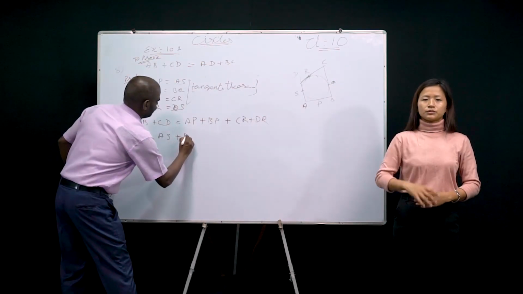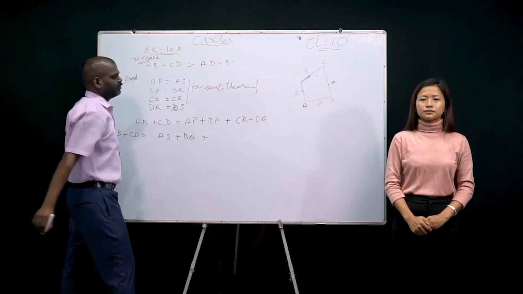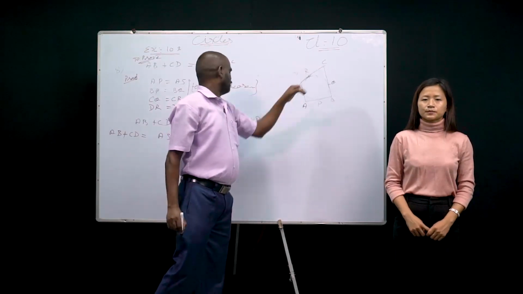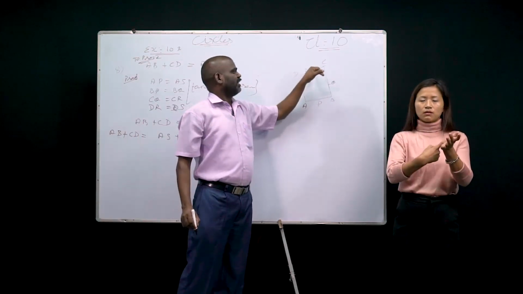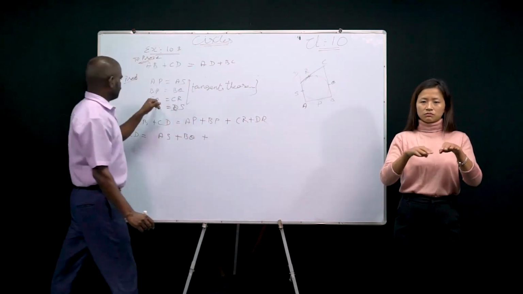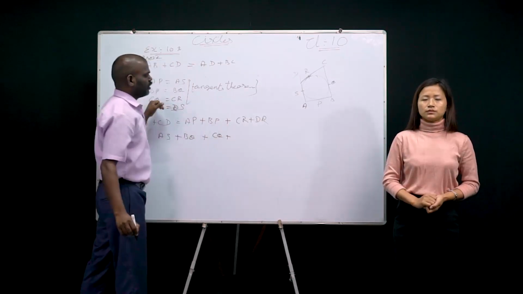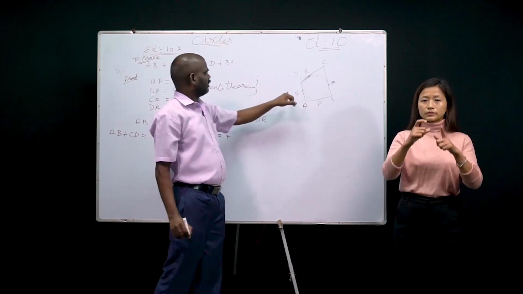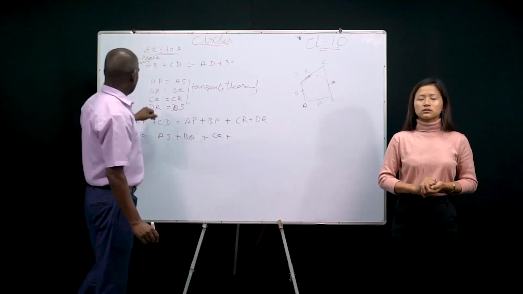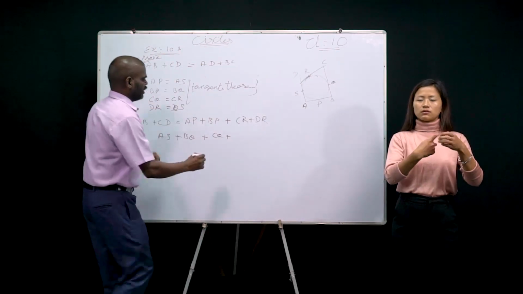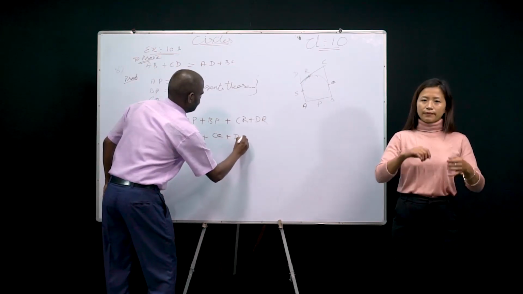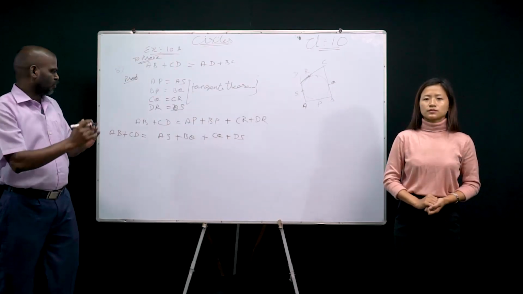Plus CR; CR and CQ are equal. So in place of CR, we can write CQ. Next, DR. DR and DS are equal, right? So we can write DS. Now all together.